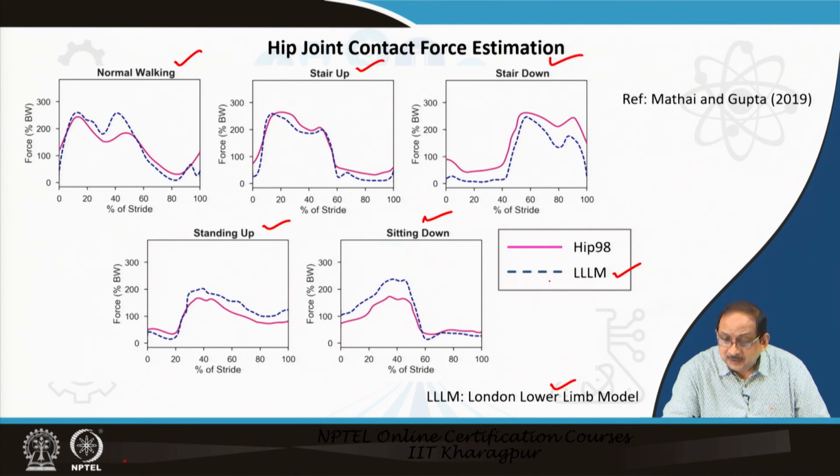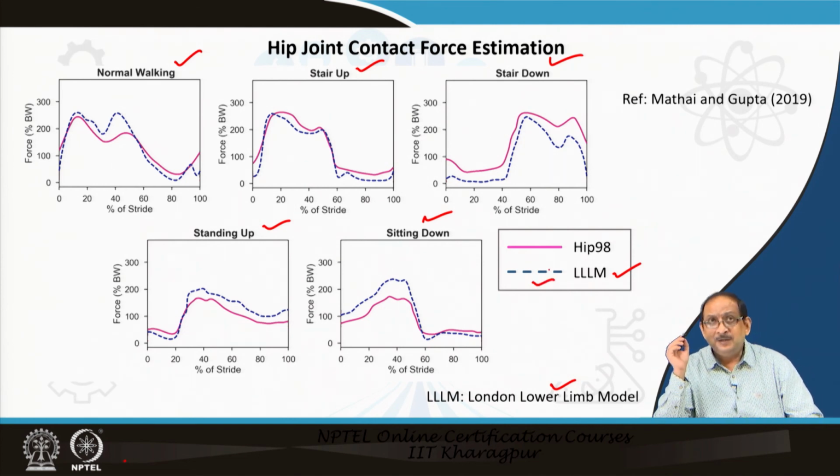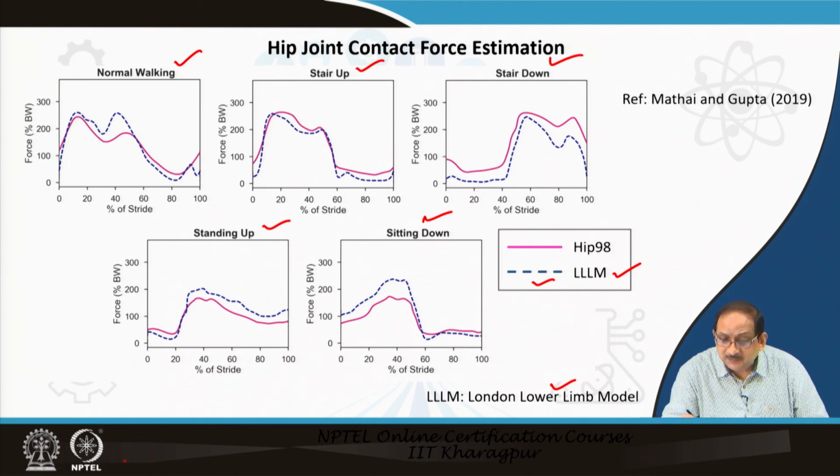Now, the blue broken line represents the variation of the joint reaction force during different activities, and this result corresponds to the London lower limb model. Whereas, the pink line corresponds to the in vivo measured data of HIP 98 database. So, we are actually comparing the results of London lower limb model and the measured in vivo data.